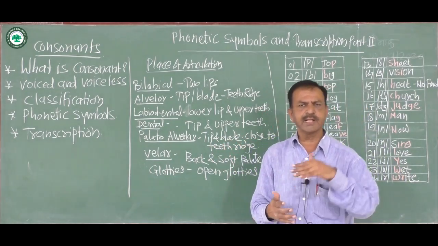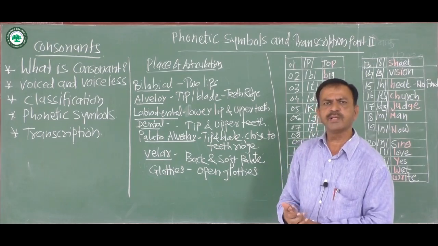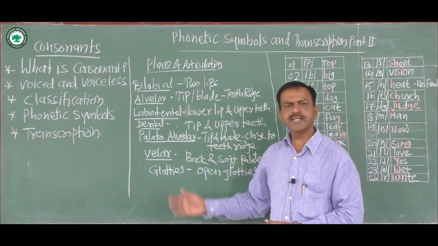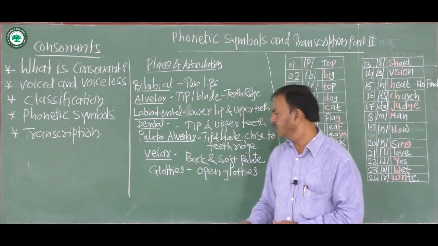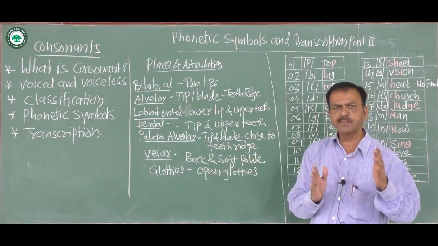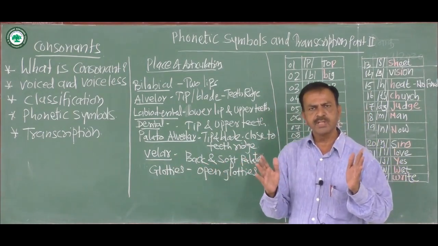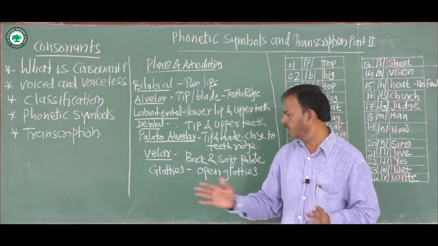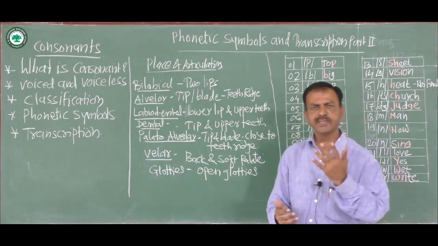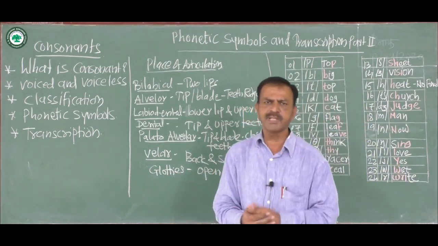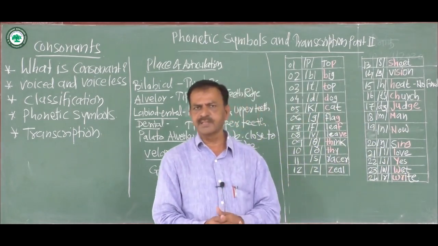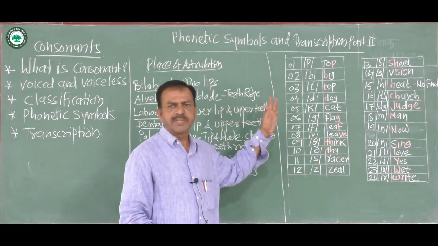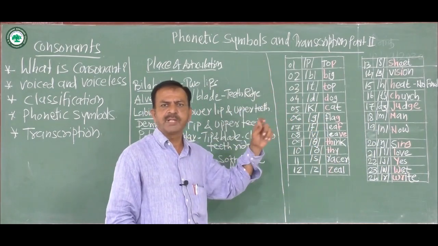The teeth ridge is also known as the alveolar ridge. Then the next one is the velar. What is velar? That is the back of the tongue against the soft palate. And the last one is the glottal. When the glottis is open and the sound is made, it is known as glottal. So these are the places of articulation.